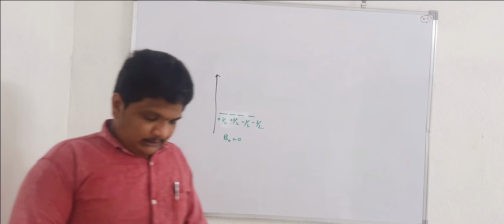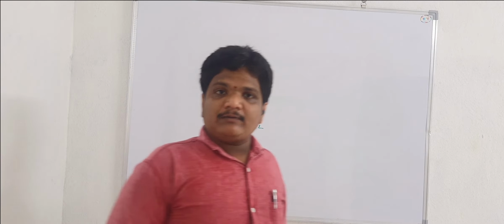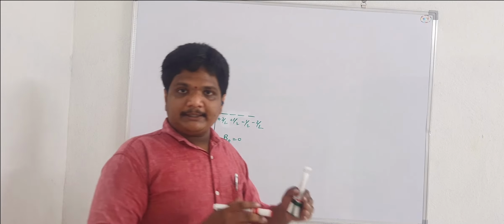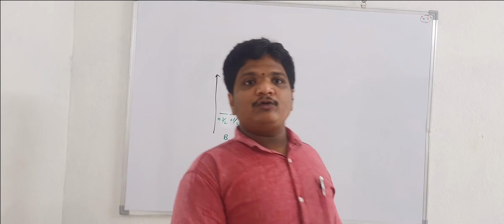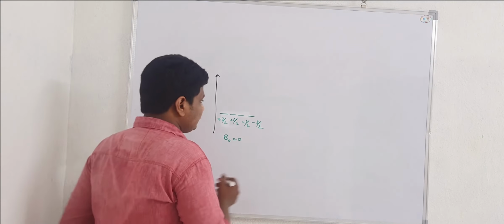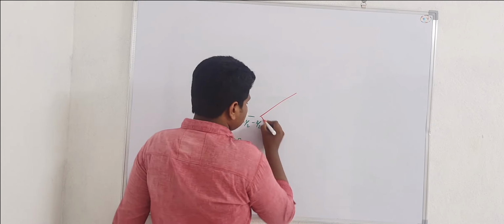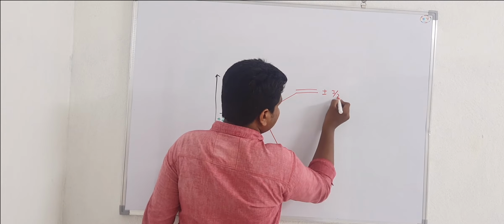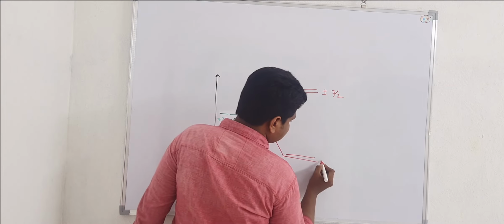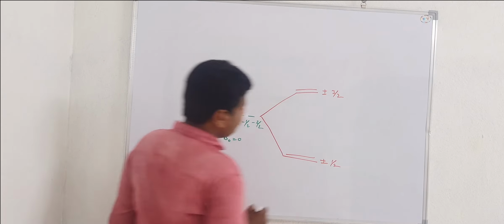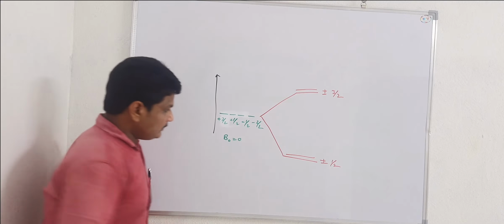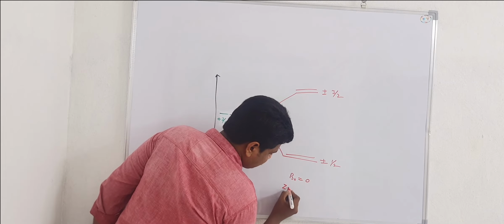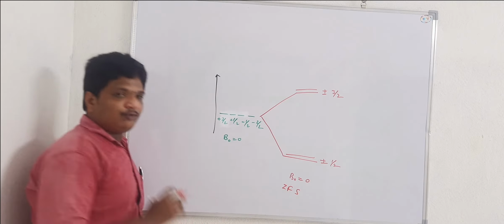Now let us see in the absence of external magnetic field and in the presence of crystal field, it means in the presence of zero field splitting. In the presence of zero field splitting, this plus or minus 3 by 2 will get the higher energy and this plus or minus 1 by 2 will get the lower energy. So that is ZFS, zero field splitting.